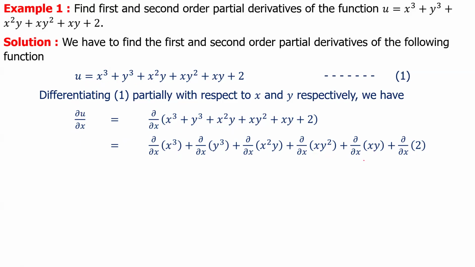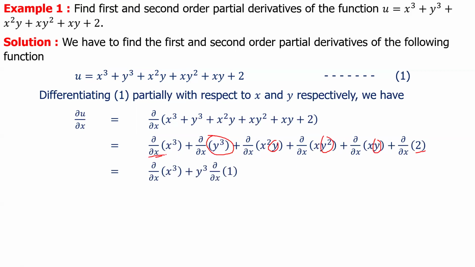Now, since we are differentiating with respect to x, y should be constant, y square should be constant, and y is also constant. 2 is already constant. So let us do accordingly.